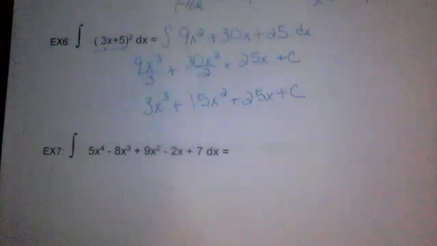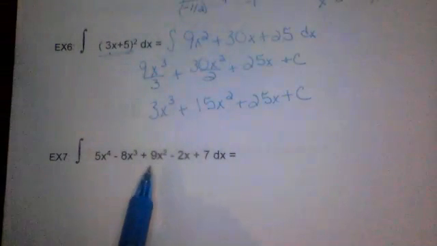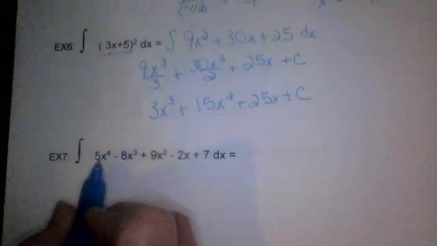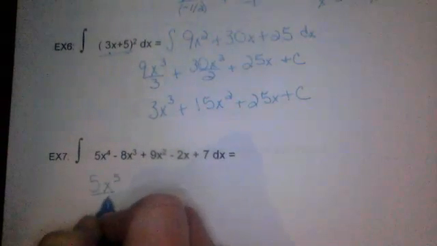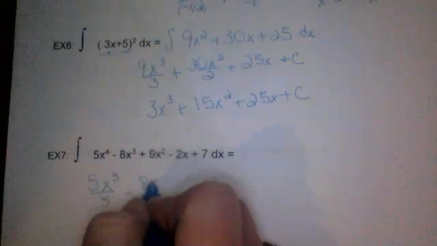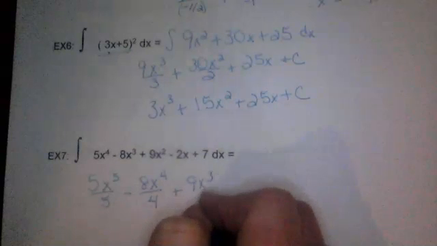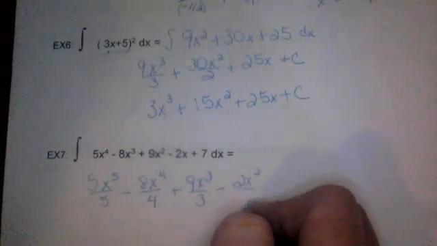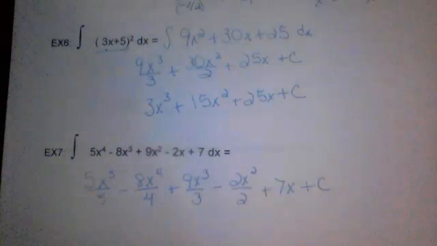All right, our last example. So this one's actually fairly straightforward. We don't have to manipulate it at all before we begin. So we're just going to use the power rule on each portion of this. So 5 tags along. We have 5x to the 5th over 5 minus 8x to the 4th over 4 plus 9x to the 3rd over 3 minus 2x to the 2nd over 2 plus 7x plus c.